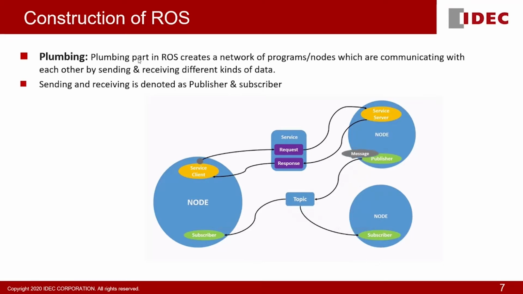The communication middleware provides APIs to send and receive various types of data between multiple programs running on a computer or an interface. In short, the plumbing part in ROS creates a network of programs or nodes which communicate with each other by sending or receiving different kinds of data in terms of topics. These terms such as topics, nodes, publisher, subscriber, we'll see a little later in the architecture part.